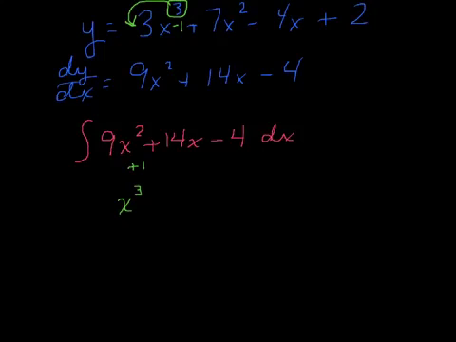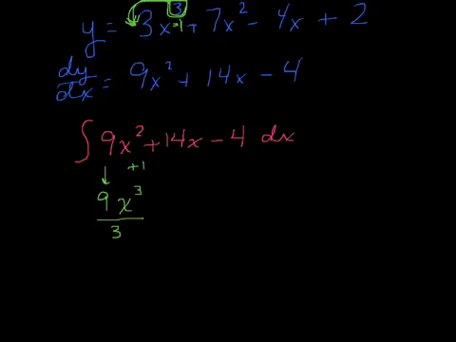Now we bring down the coefficient, and instead of multiplying by the exponent, we divide by the exponent. So when you learned derivatives, you multiplied by the exponent and then subtracted 1. This time we're adding 1 and dividing instead of multiplying.